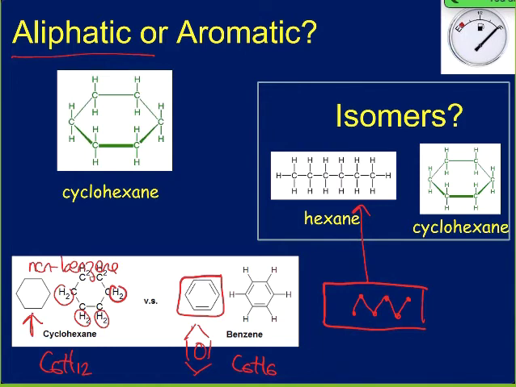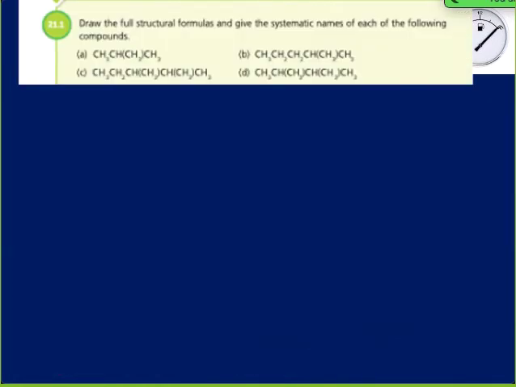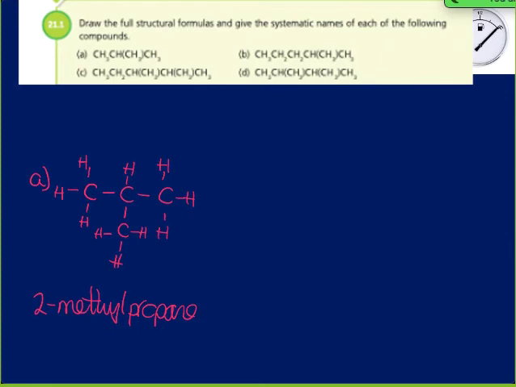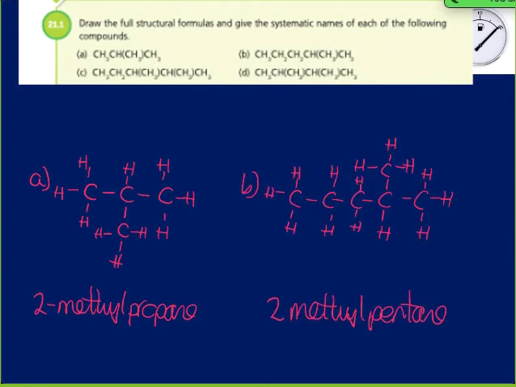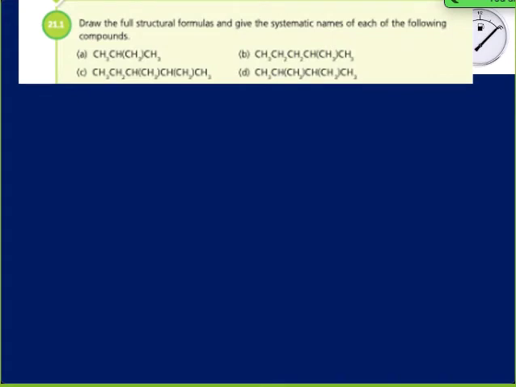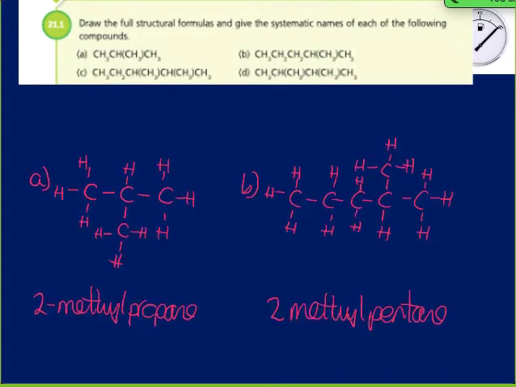Okay, so then we asked you to draw some structures. So this was the 2-methyl propane, and this is the 2-methyl pentane. In the first one, the thing in the brackets was this. And it doesn't matter if you put it above or below the C. And in the second one, the thing in the brackets was this.